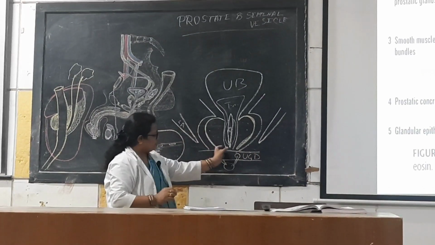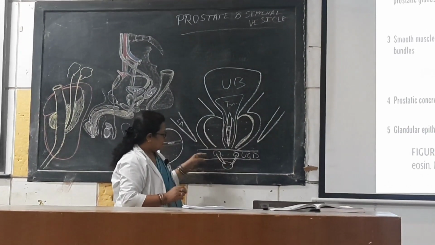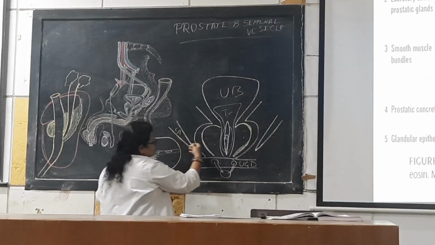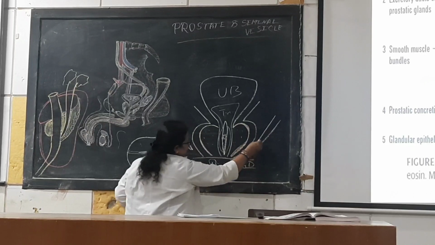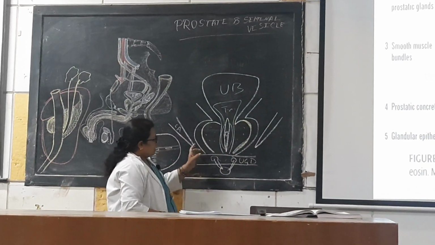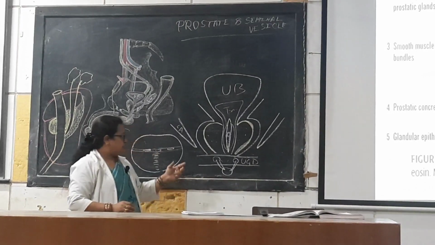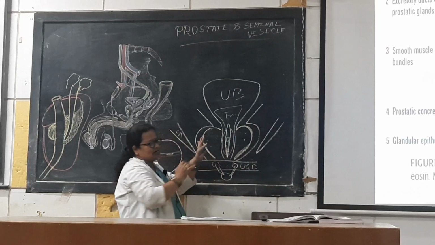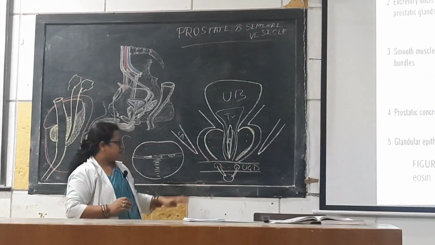The apex of the prostate is lying over the urogenital diaphragm, and these two are the levator muscles, the pelvic diaphragm on both sides. It has three surfaces: the two lateral surfaces, the anterior surface and the posterior surface.